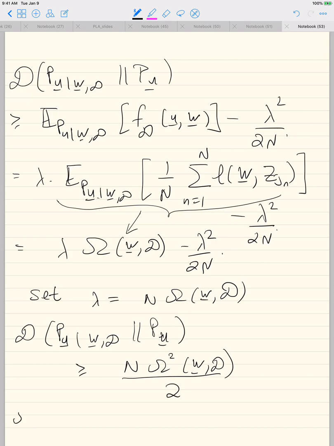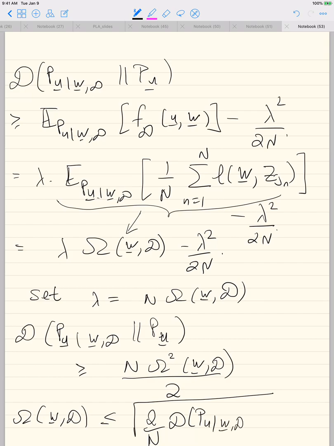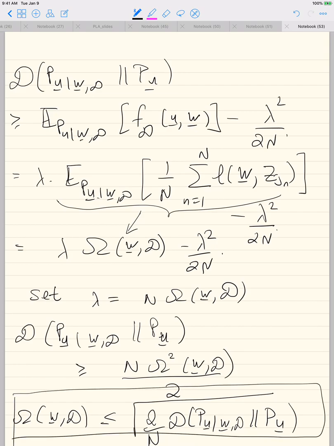So pretty much all of this is just algebra once you have the right function. So what we have is 2 omega WD is less than 2 over n, the relative entropy between WD and Pu. So this is the bound that we have been able to obtain.